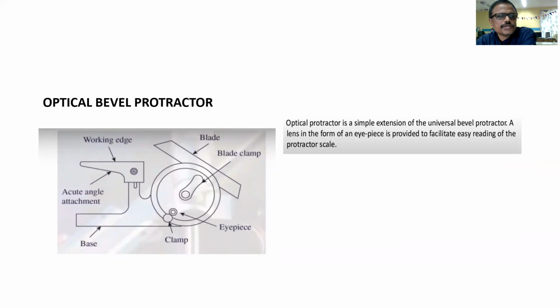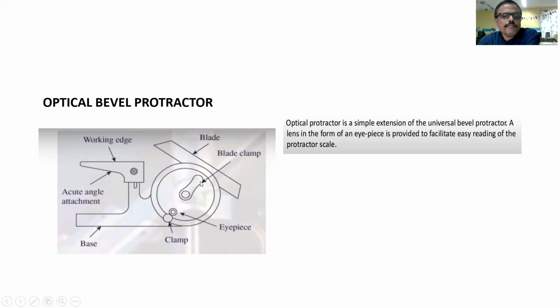Then an improved version of the protractor is the optical bevel protractor. In the optical bevel protractor, all other parts are the same. The only difference is this eyepiece, which was not a part of the earlier types of protractors. It has these parts: working edge, acute angle attachment, base, clamp, and eyepiece. The eyepiece tells you that it is an optical protractor.